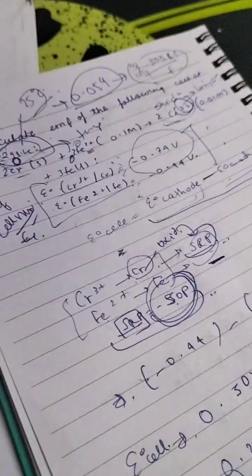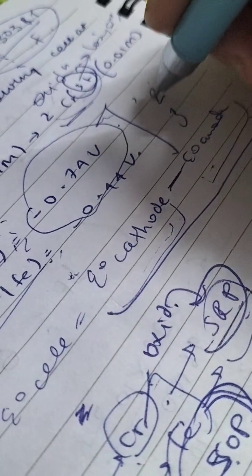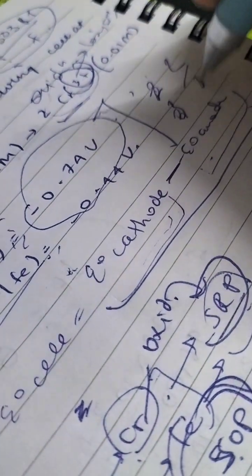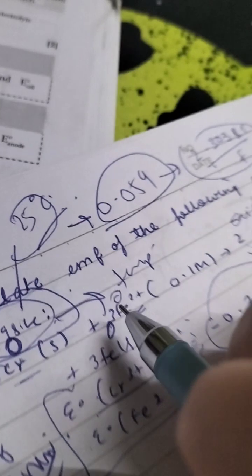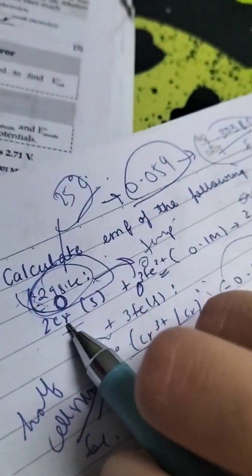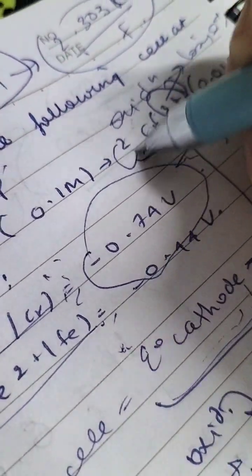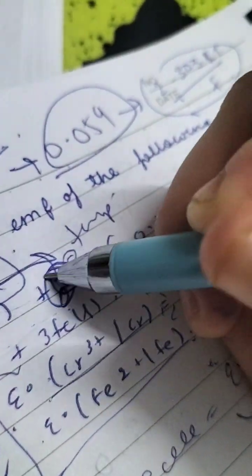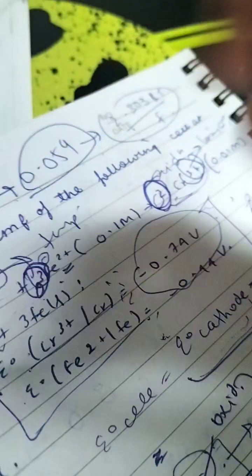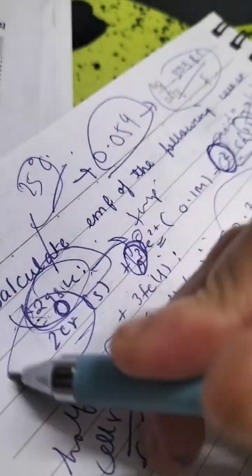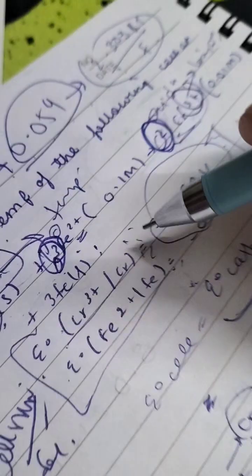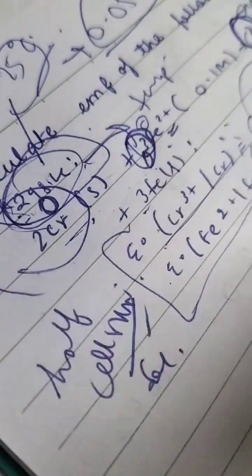Now if any of you have the question as to why we took the power 2 and the power 3, then you can see over here that we have taken Cr, which is converted to 2Cr3 plus. So this 2 is the power, and for this one you have taken 3 as the power. Now if your question is why have you not taken 2Cr and 3Fe, right?